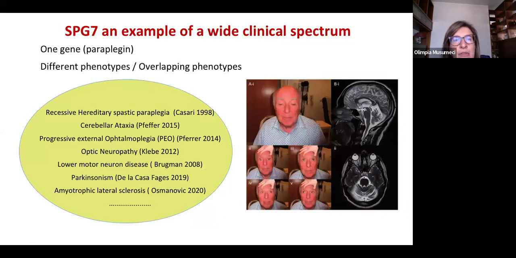Another condition that is also considered a mitochondrial disorder is SPG7.